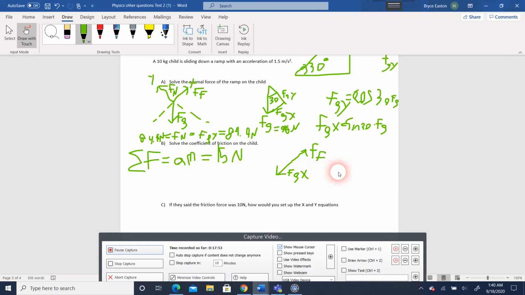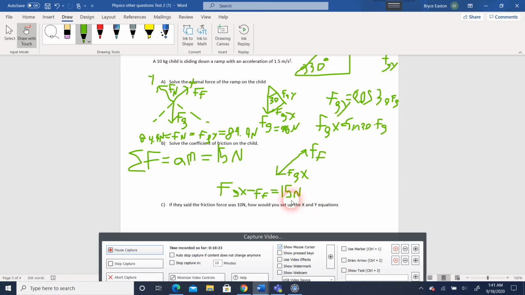As a result, we can say that Fgx minus the force of friction is going to be equal to our total sum of forces, 15 newtons.